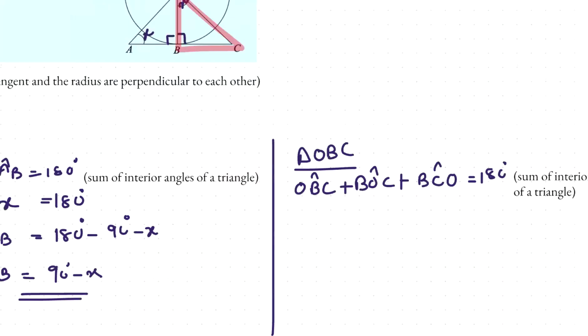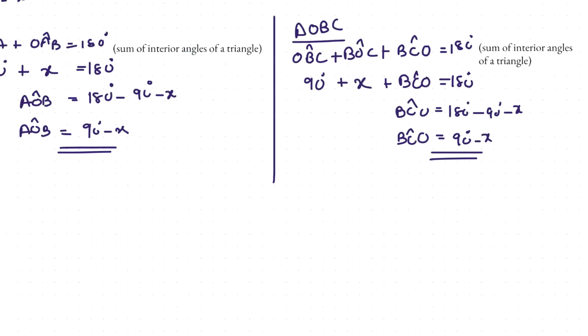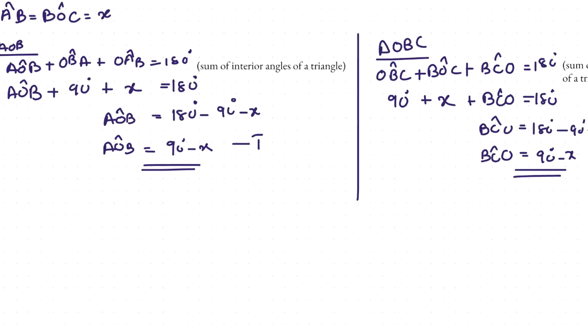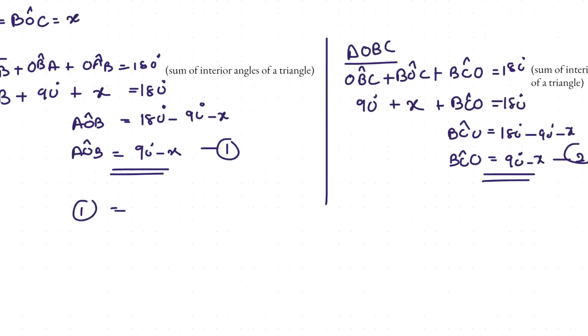OBC is 90 degrees, BOC is x, and BCO I don't know. So BCO equals 180 minus 90 minus x, which is 90 minus x. So AOB is 90 minus x, and BCO is also 90 minus x. I call these 1 and 2. 1 equals 2 because they are both 90 minus x. Therefore, AOB equals BCO.